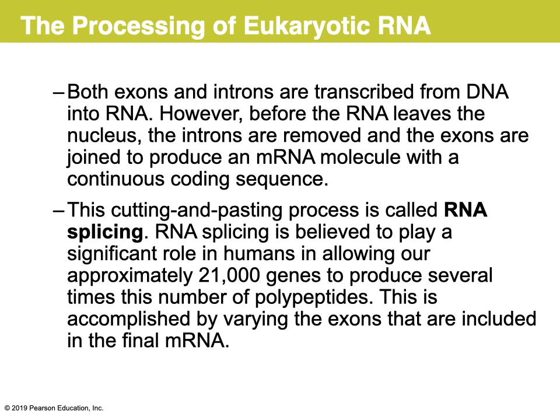Well, they think RNA splicing has played a role in our development by allowing our roughly 21,000 genes to produce several times that number of polypeptides. So in other words, the way in which that RNA strand is edited will influence what polypeptide it codes for.